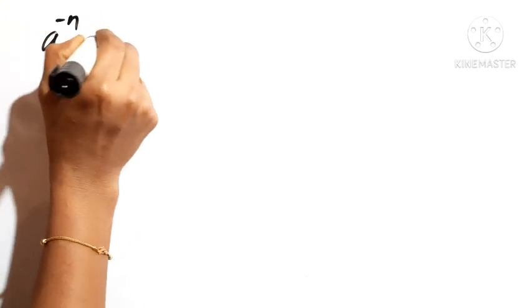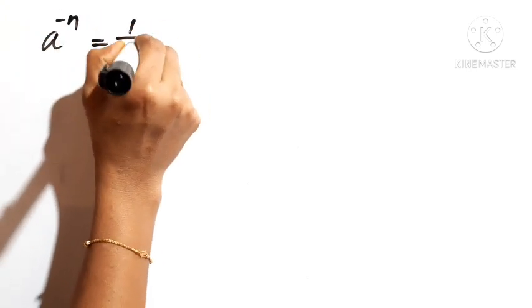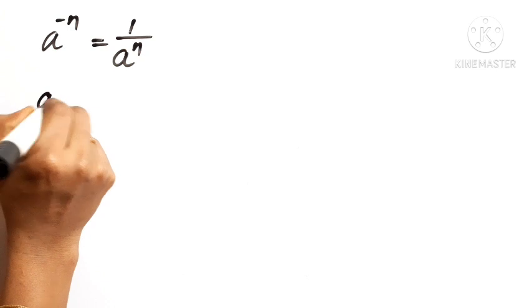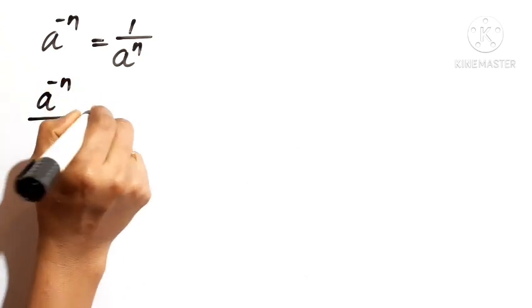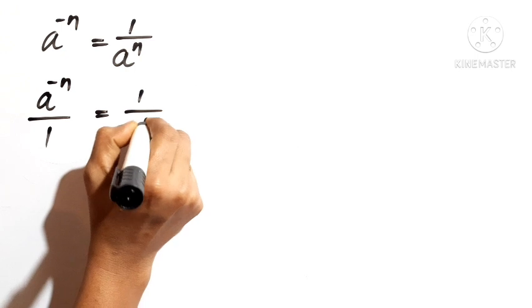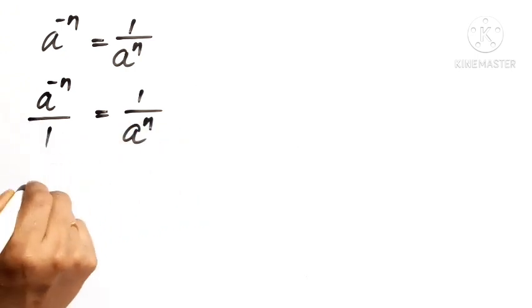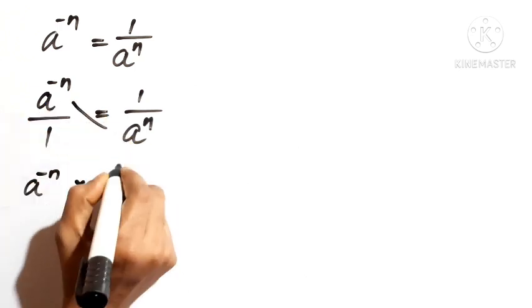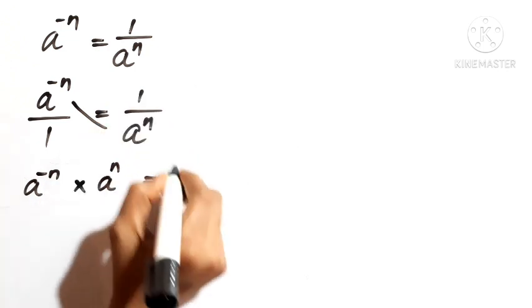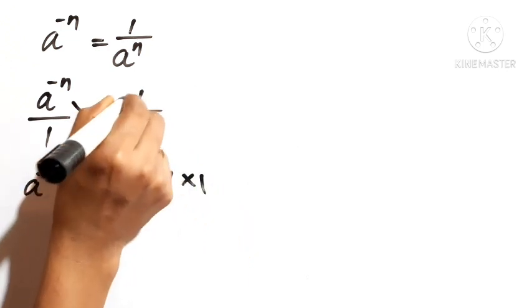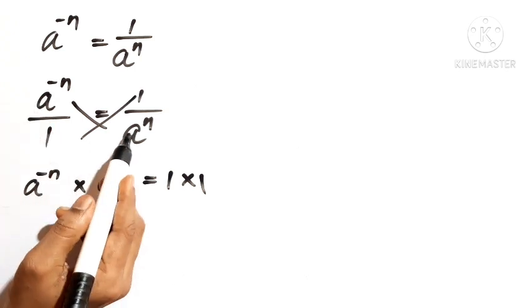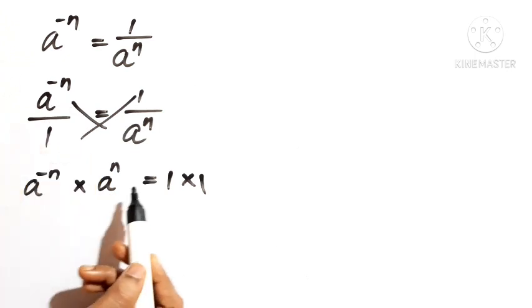Okay. We have a raised to minus n equals 1 by a raised to positive n, right? From this we can write, a raised to minus n by 1 equals 1 by a raised to positive n, no? Also equals a raised to minus n into a raised to positive n equals 1 into 1. Cross multiplication formula, right? A raised to minus n into a raised to positive n equals 1 into 1.